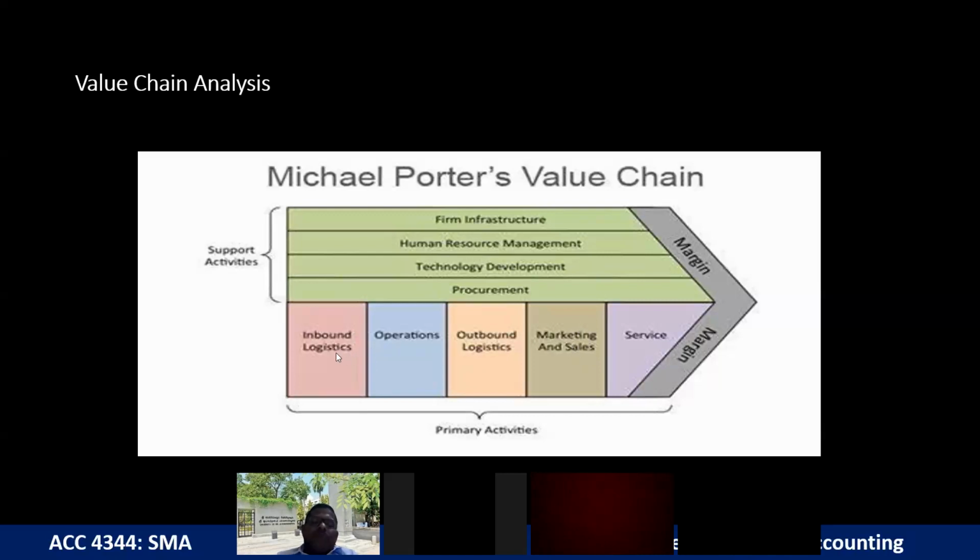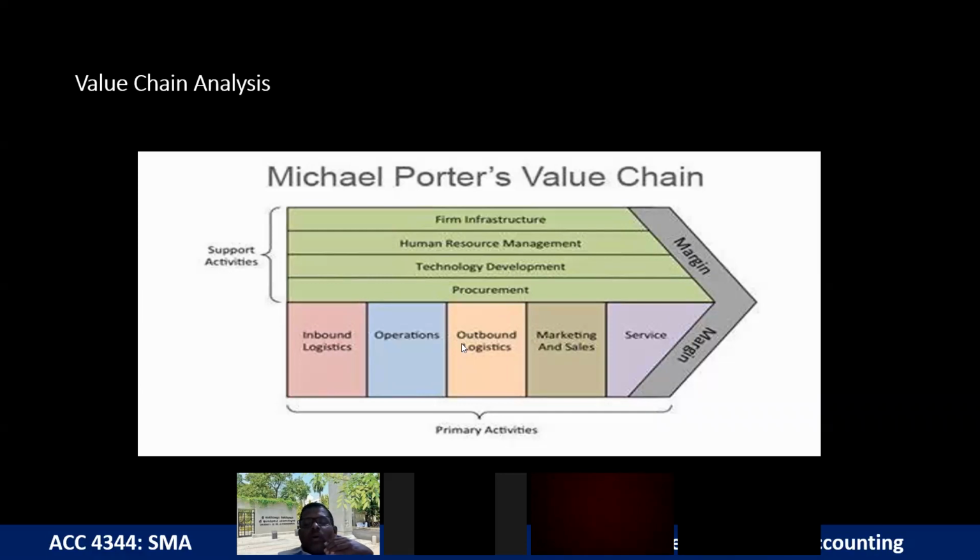Inbound logistics is the process where you get raw materials supplied. In certain cases, if you have backward integration, your raw materials are supplied by another SBU. Then the operations, which is much more important, are the activities taking place in the business organization. Then outbound logistics, marketing, advertising, services, etc.